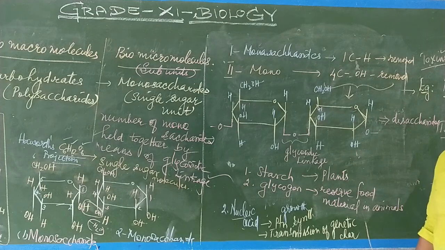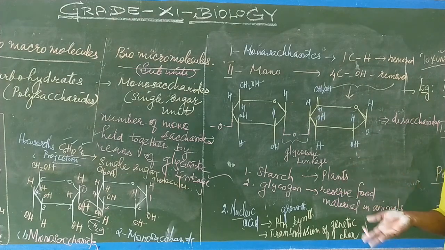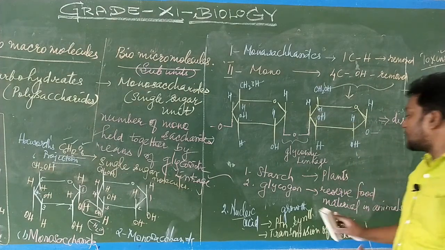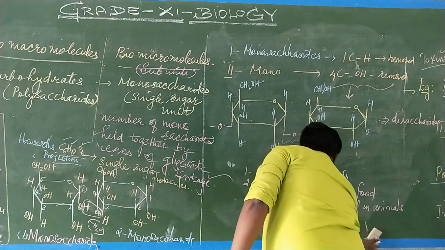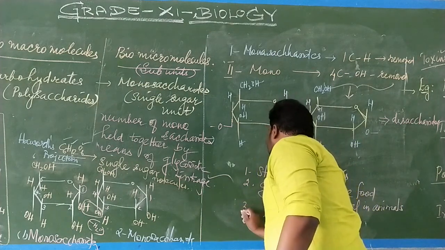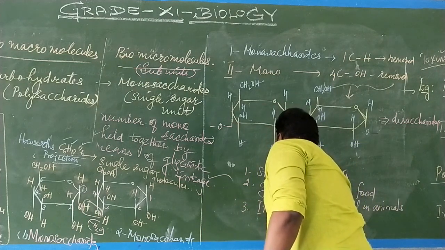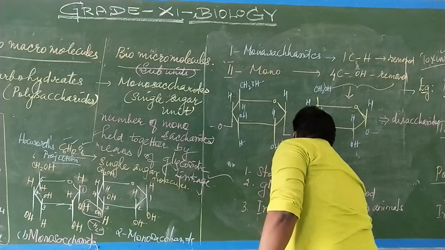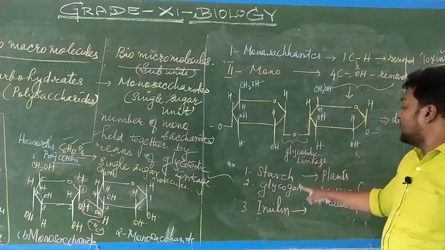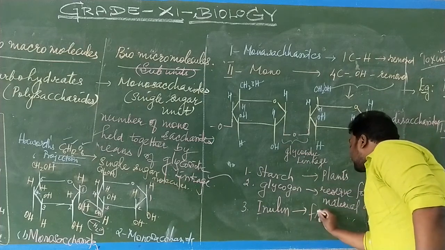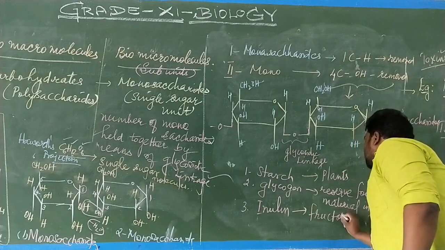Similarly, the polysaccharide formed from fructose units is inulin. Here glucose is present, whereas in inulin, fructose will be present as the basic unit.